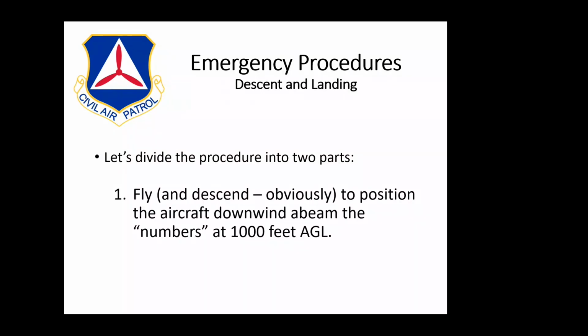The first step is what we've been talking about now, which is to fly and descend, obviously, to a position where you are downwind, abeam the numbers at 1,000 feet AGL. So why do we do that? Well, isn't that pretty much what we do every time we come in to land? So what we're looking to do is create a situation where we're most used to doing the same things over and over again. It's all about muscle memory, all about training.